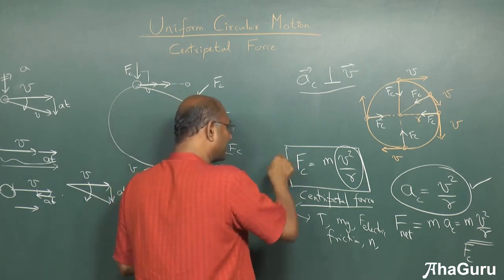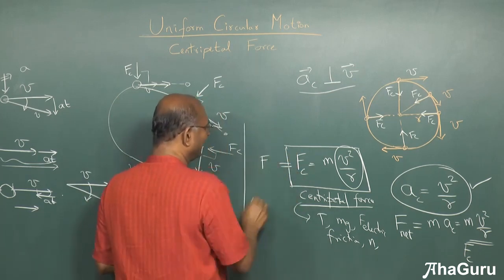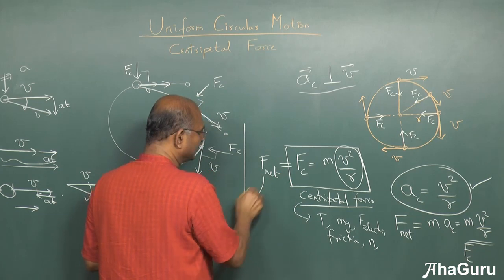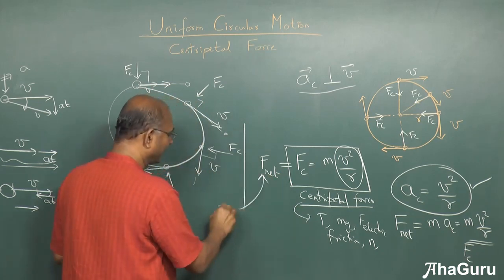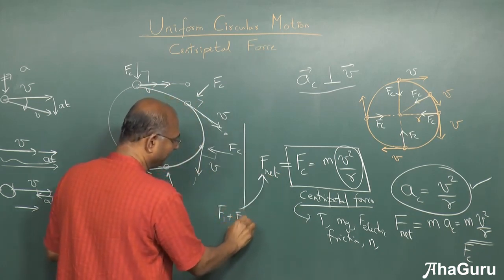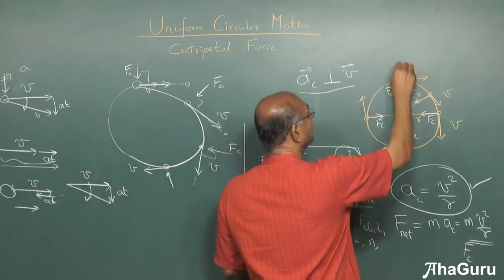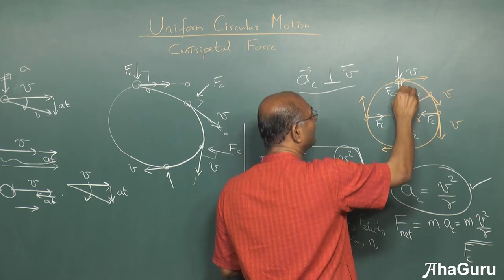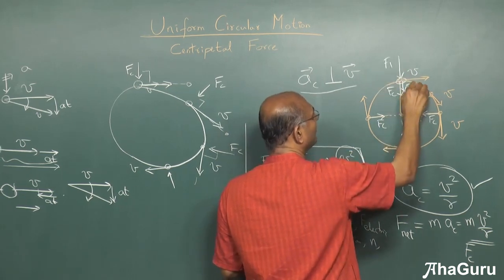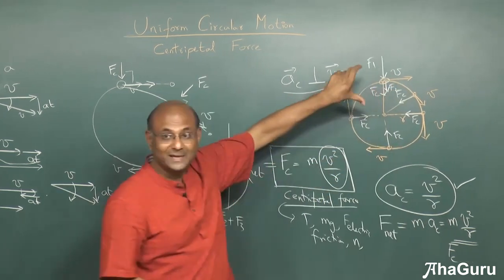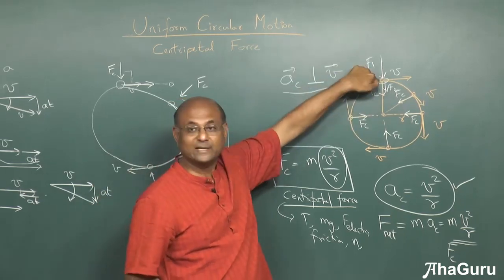Okay? There is some other force, and we usually will call it net force. This itself may be a sum of a lot of forces. Like you might have F1 plus F2 plus F3. You might have multiple forces acting on this guy. For example, there might be somebody pushing it like this. There must be somebody pulling it like this. So F1, F2. Right? F1 plus F2 is the net force acting on it.